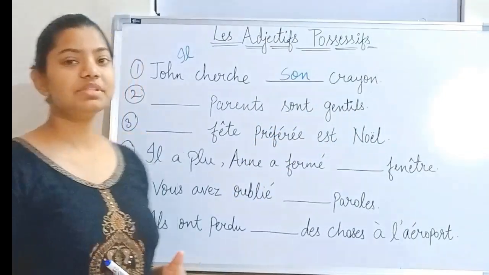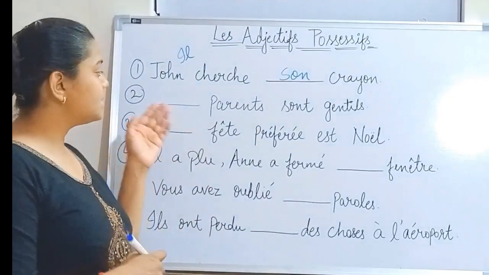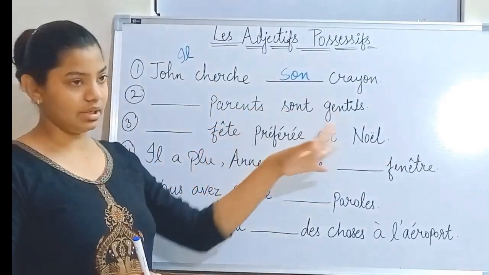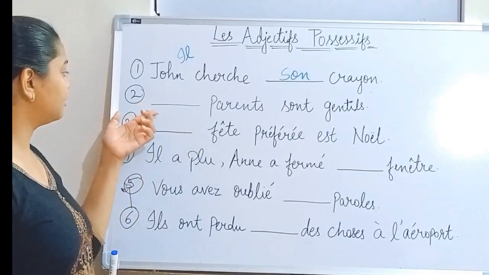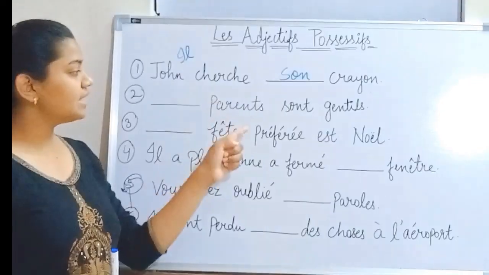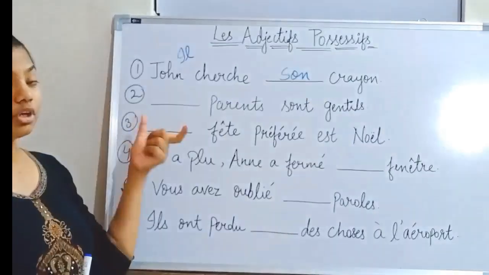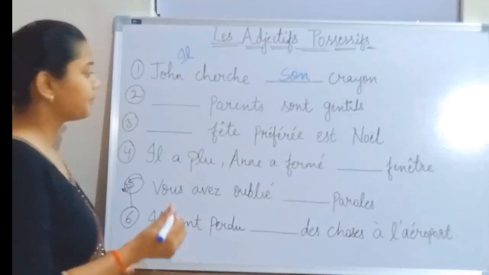Okay, now number 2 is dash parents sont gentils. Okay, that means dash parents are kind. So here we use your. So your parents are kind. So for your we use what?